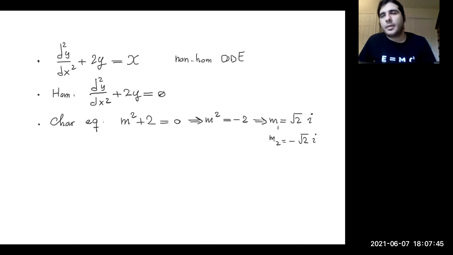We have two complex solutions here, and as you can see, they're conjugates of each other, because they don't have a real part, one of them is the minus of the other one. So the goal is to find a particular solution to the non-homogeneous equation.